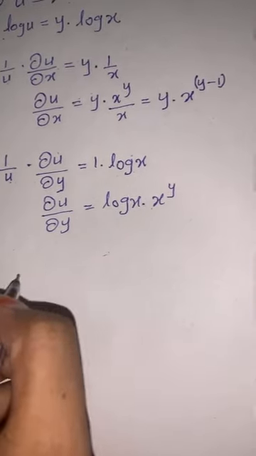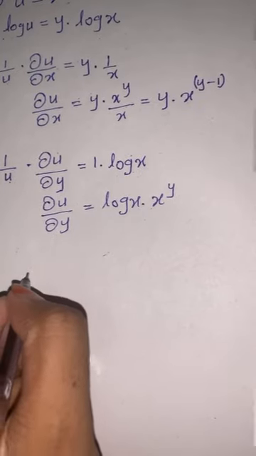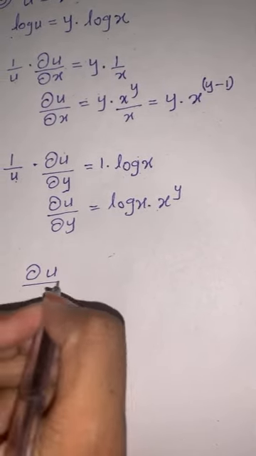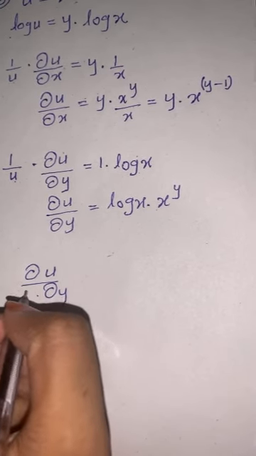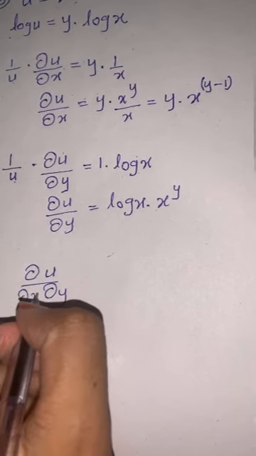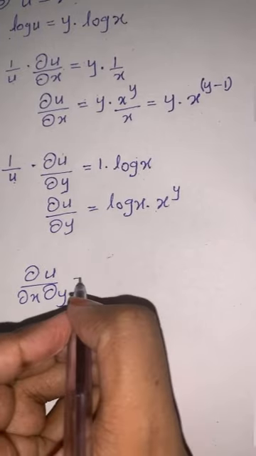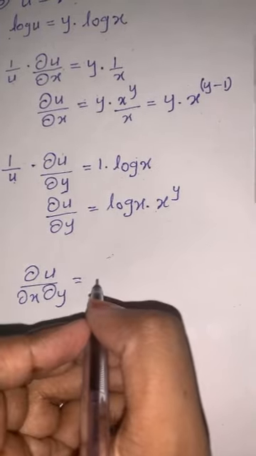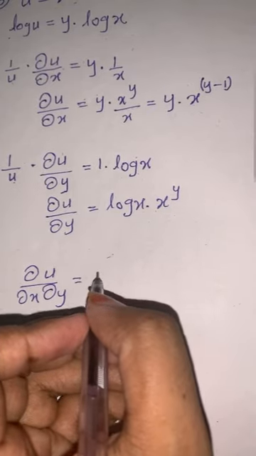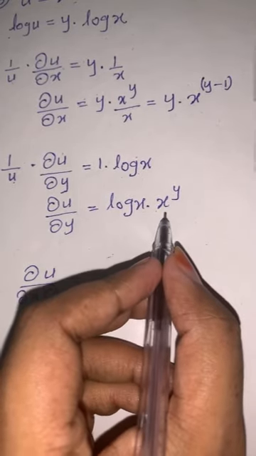We can write ∂u over ∂y with respect to x. So what can we do? We have to differentiate this. So here log x, so it is in u into v format.